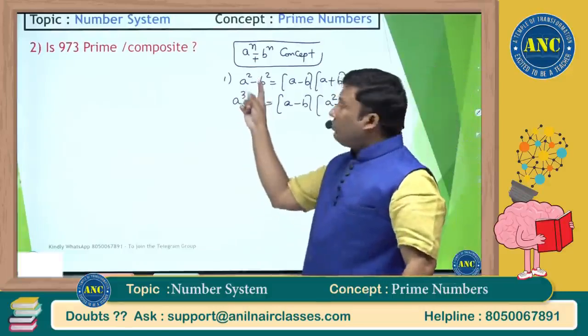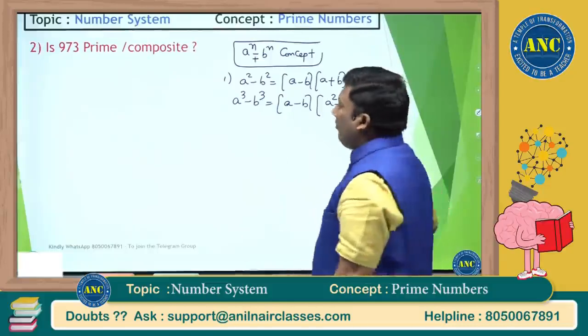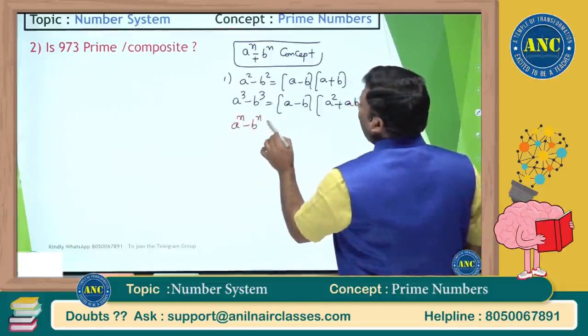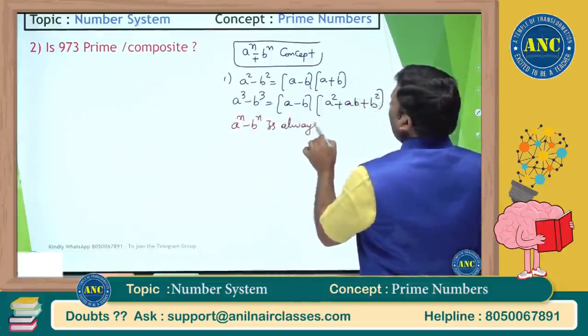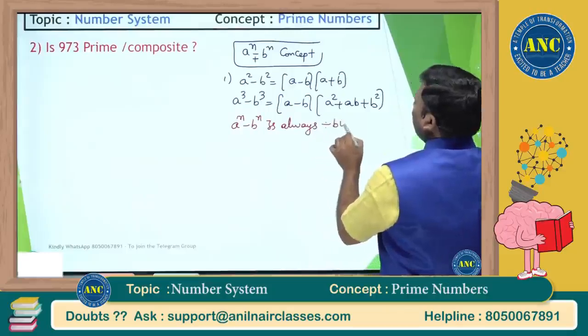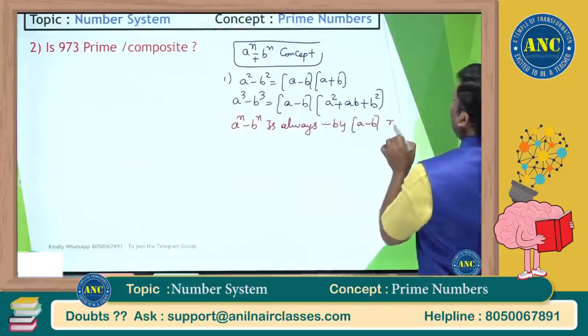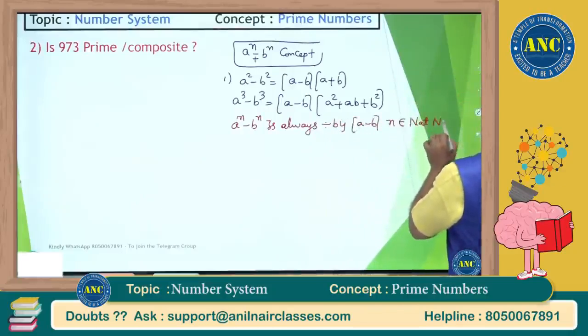In a² − b², 2 is an even number. In a³ − b³, 3 is an odd number. aⁿ − bⁿ is always divisible by a − b if n is a natural number. Please write this down.